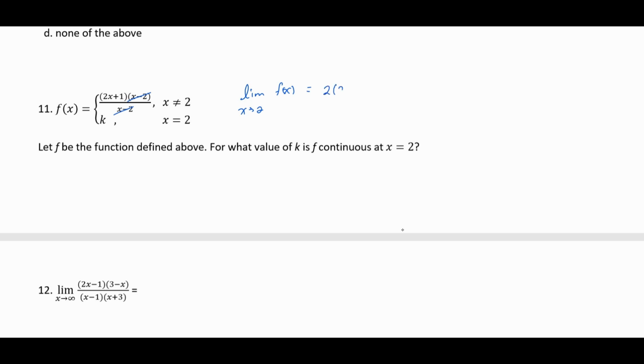So 2 times 2 plus 1, we're going to get 5. And then all we need to say is that we need to make the function at 2 equal to 5. Well, 5 is going to be the value for k. So for what value of k does this function become continuous? Well, k is equal to 5.